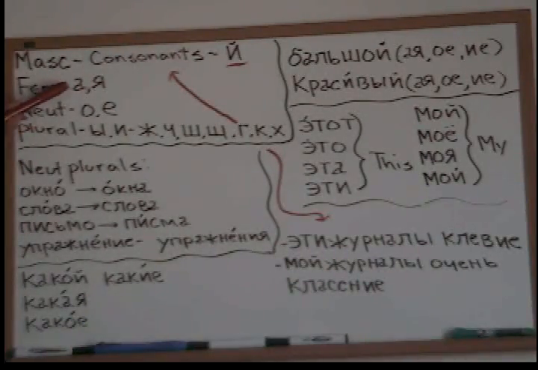Feminine ends with а or я. Neuter ends with о or е. This is kind of tricky because sometimes it changes to о and sometimes to е. So if it ends with either of these two letters, it will be neuter.